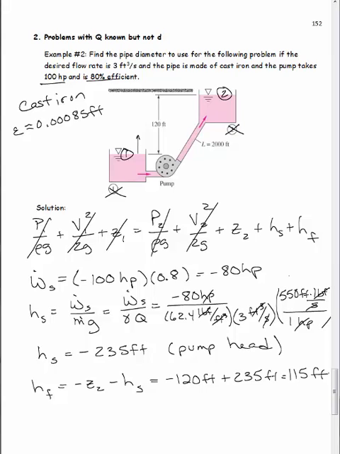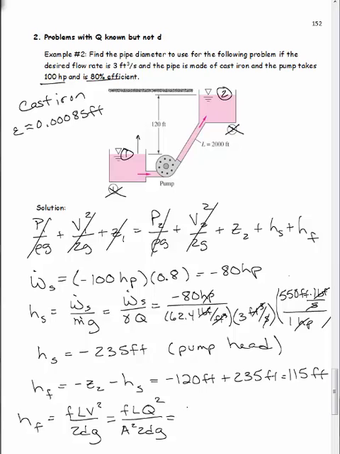What we're trying to find is the diameter to use. Diameter is in our HF, so that's good. HF equals FLV squared over 2DG. We're given a Q though, so let's put it in terms of Q. Since we don't know D, we can't just come up with a number for V, but we can plug in V equals Q over A. So we plug in Q over A where we see a V, and you get FLQ squared over A squared 2DG.